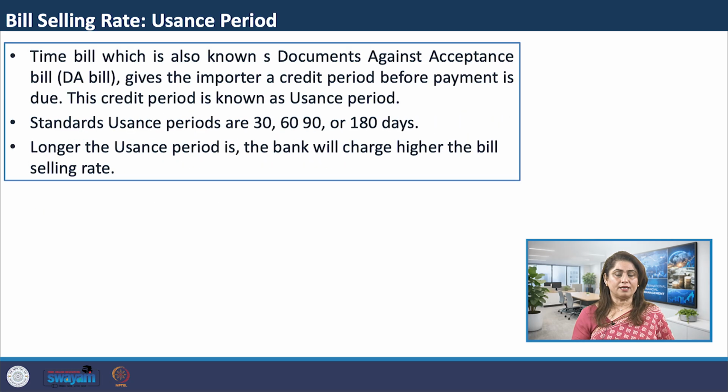In import finance, a time bill, also called a DA bill or a documents against acceptance bill, gives the importer a credit period before payment is due. Standard usance periods are 30, 60, 90 or 180 days. The bank funds this gap. Naturally, a longer usance period means a higher bill selling rate because the bank is financing the importer for longer.